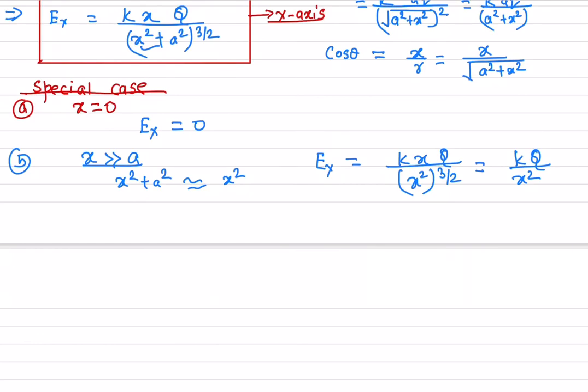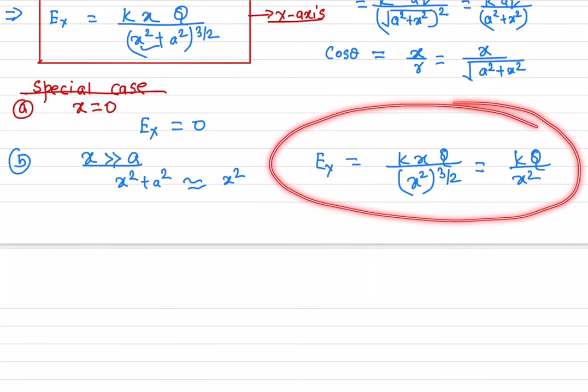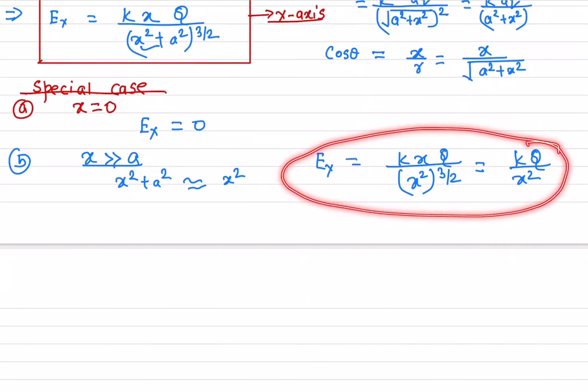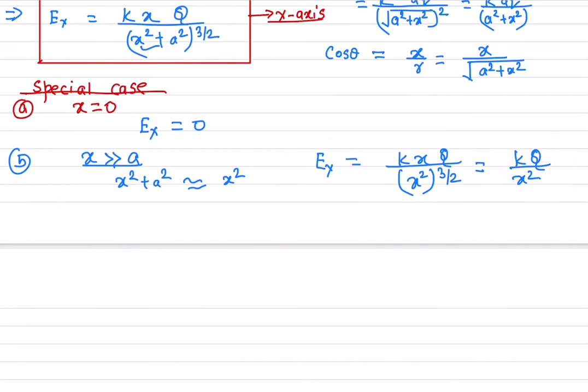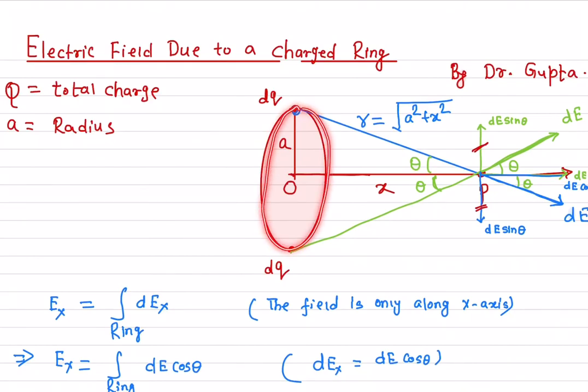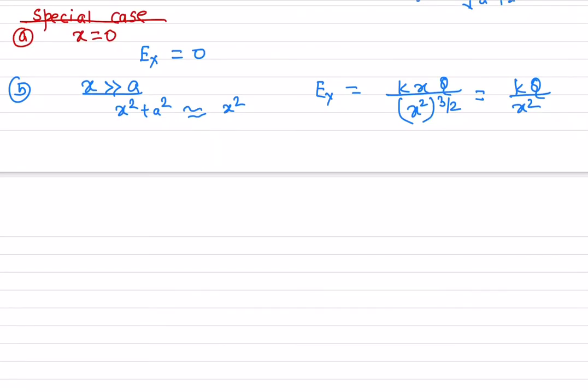This is exactly what I mentioned earlier. What does this equation tell you? It tells you that if the point P is very far away, then the entire ring behaves as a point charge. This formula is for a point charge, kq over x squared. So if this point P is very far, the entire charge appears to be concentrated at the center of the ring.